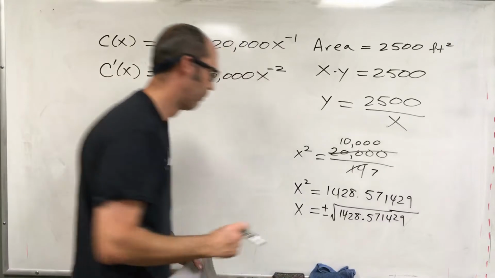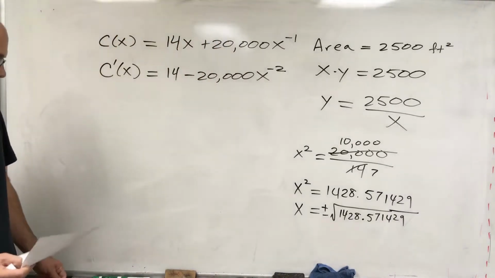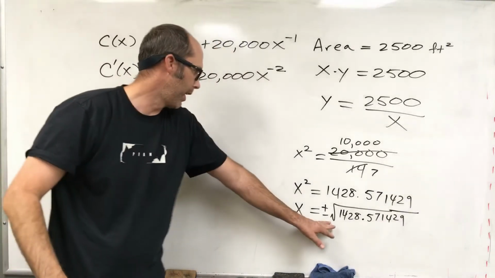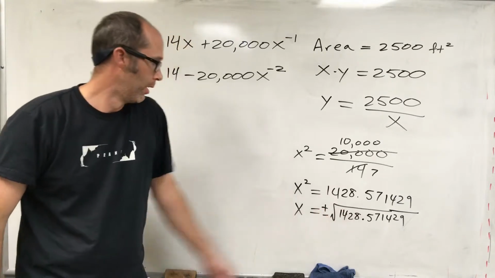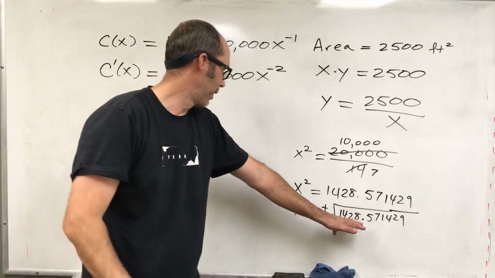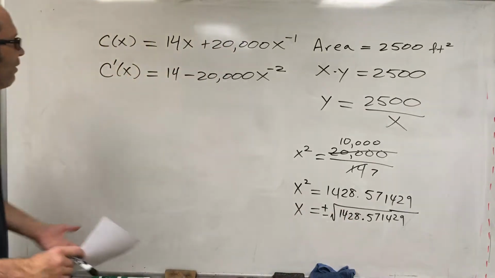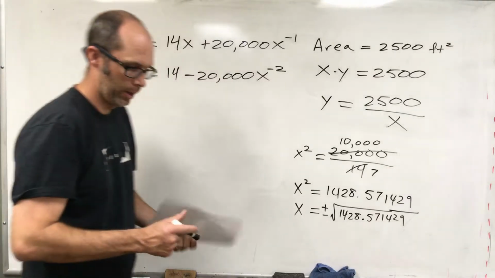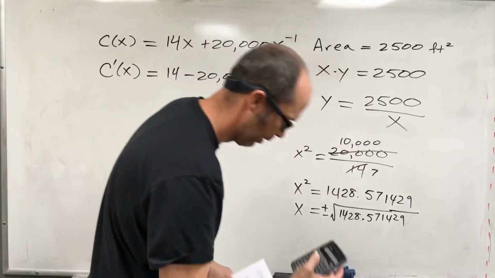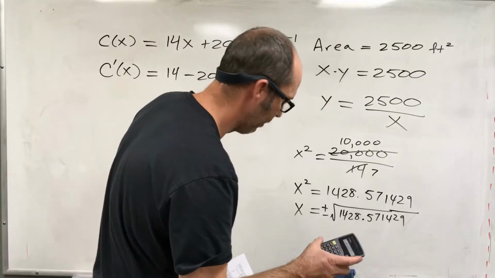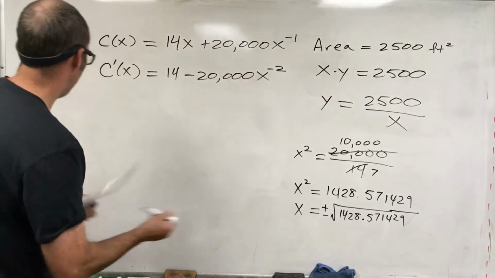Now, you'll see we get a negative answer and a positive answer. The negative answer doesn't make sense, right? Because we don't want a negative length. All right, so take the square root there.